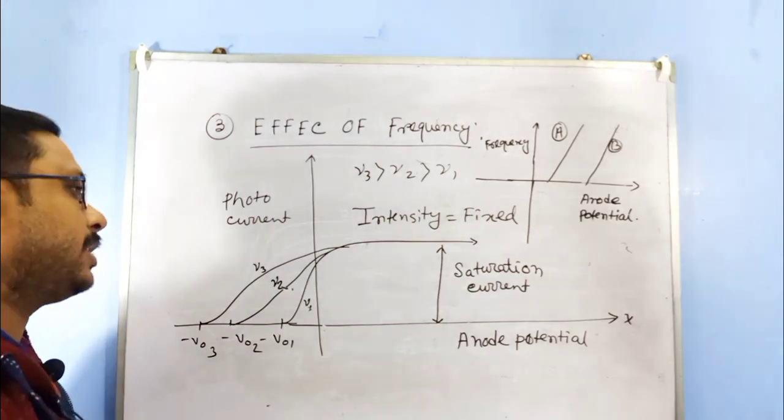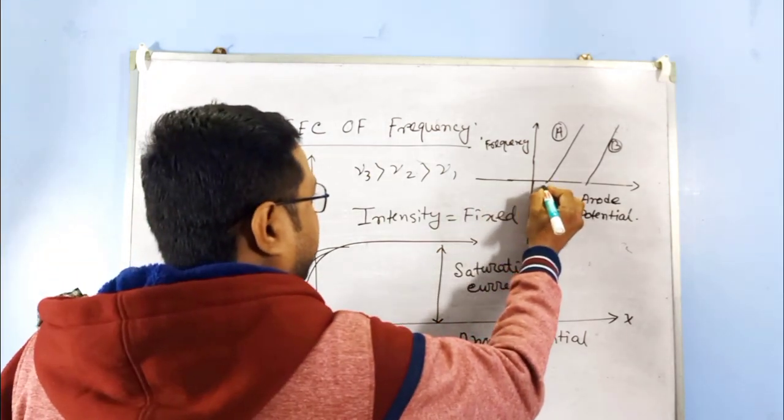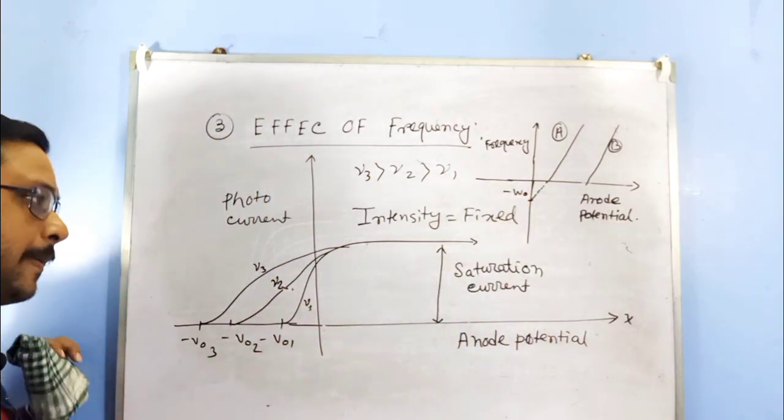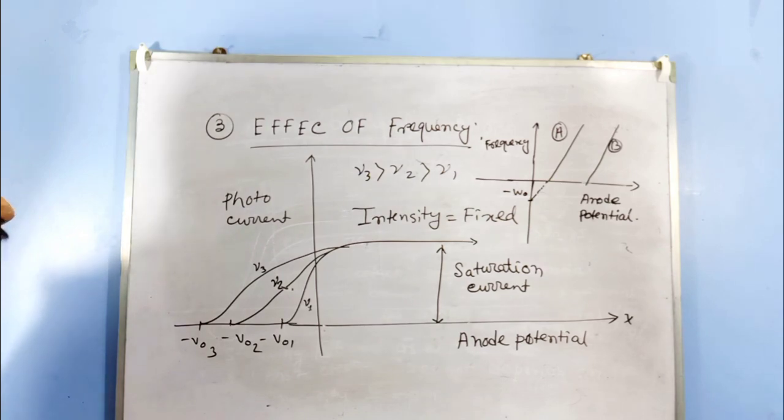Frequency is proportional to anode potential, and if we extend it from the back side, this gives the value of the work function of the given metal.